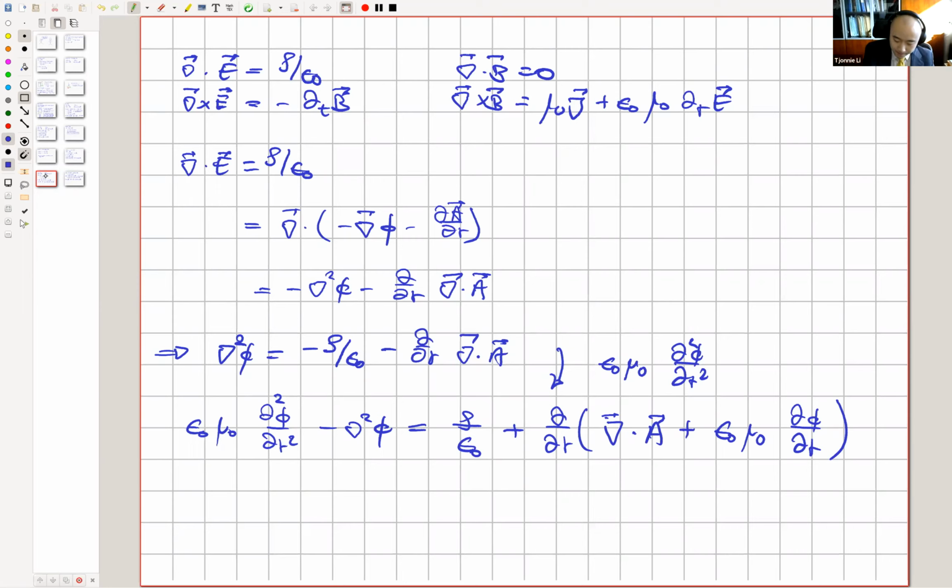And so I'll give you a minute or two to relatively quickly see what is the best choice for the divergence of A. I'll give you 2 minutes.